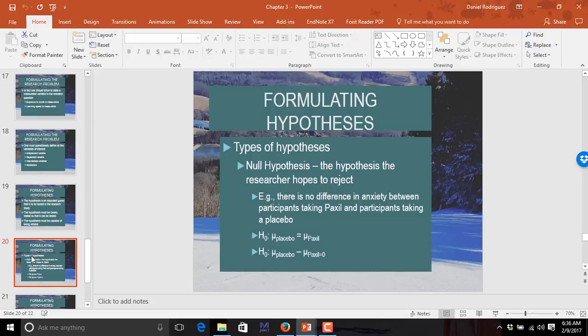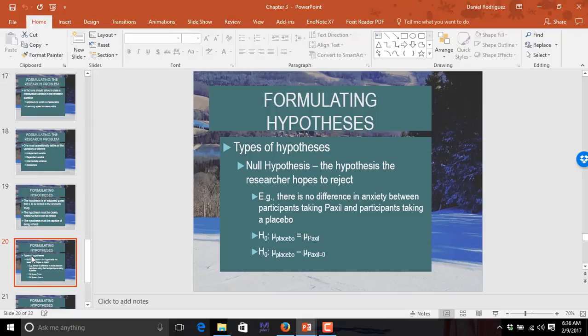So we have null and alternative hypothesis, because this has been covered in statistics before. But for review, the null hypothesis is the hypothesis we'd like to reject in favor of the alternative hypothesis. Generally, the null hypothesis will be something like, in this case, the mean for a placebo group is equal to the mean for the experimental group.